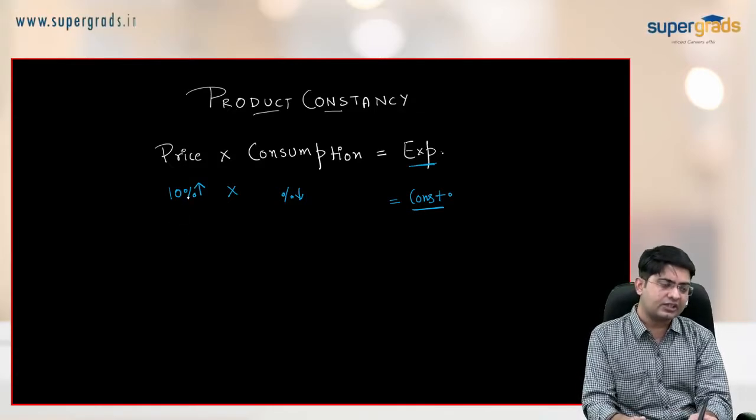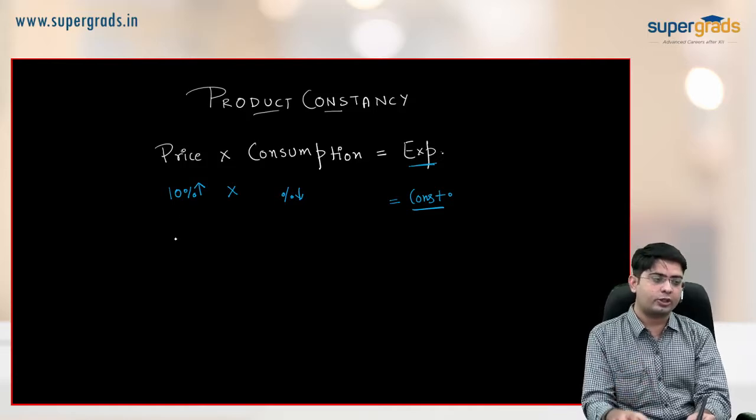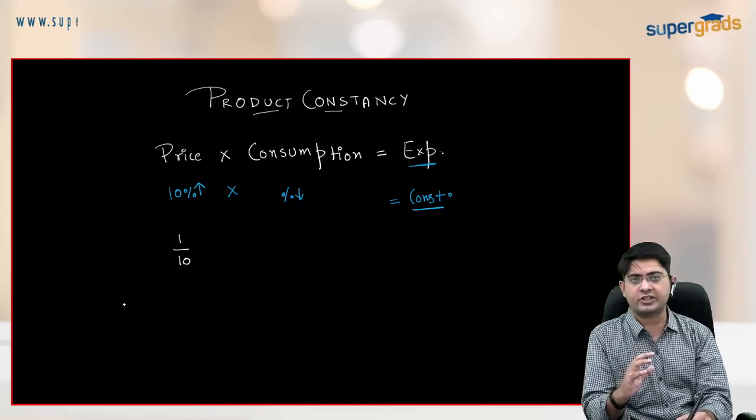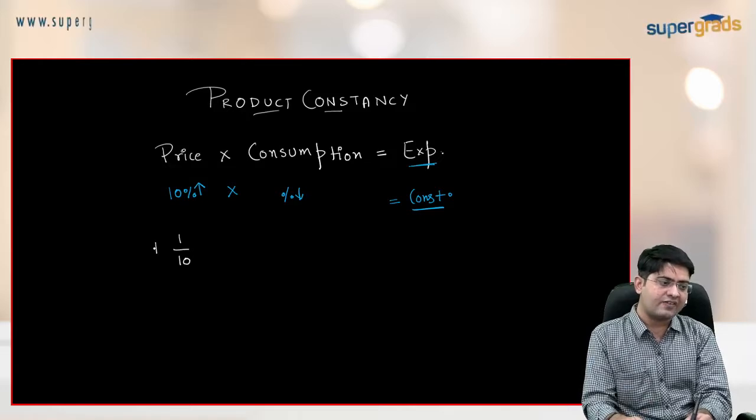If prices increase by 10%, what is the fraction of 10%? 10% is nothing but 1 upon 10. Since the price has increased, I will assign a plus sign.